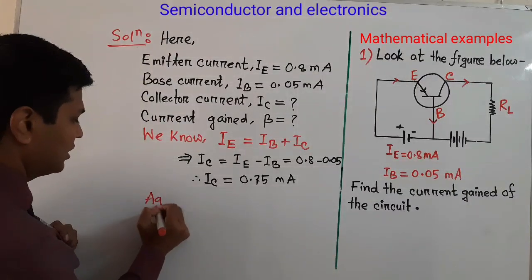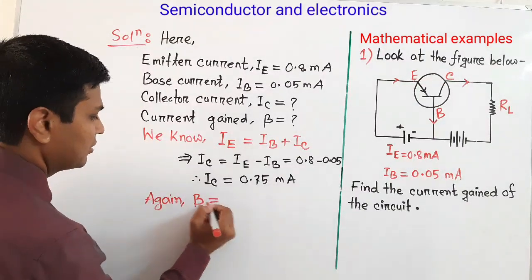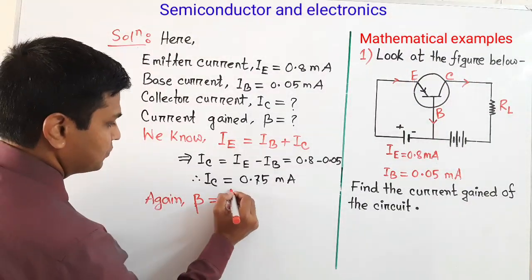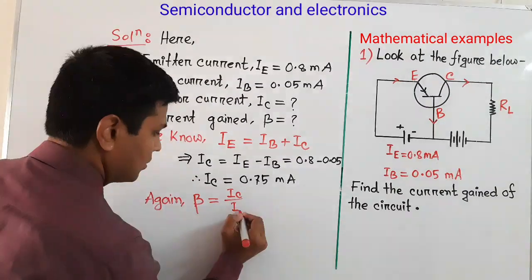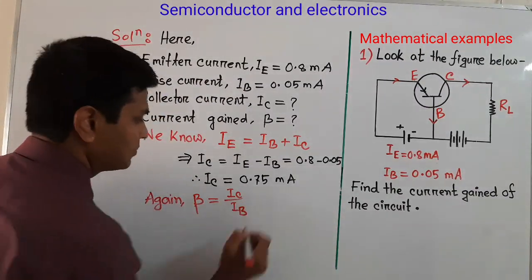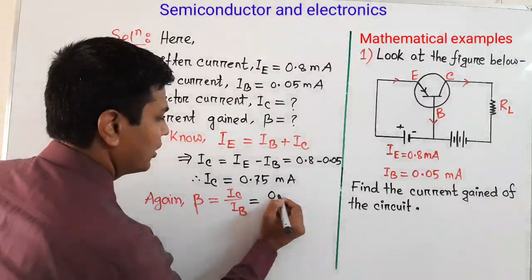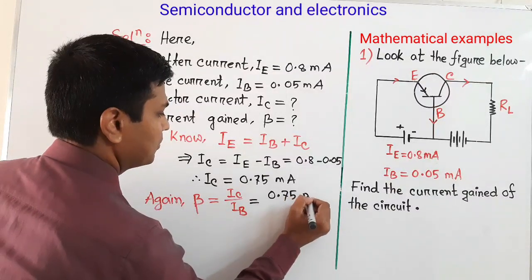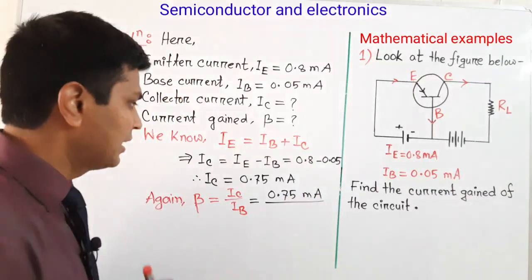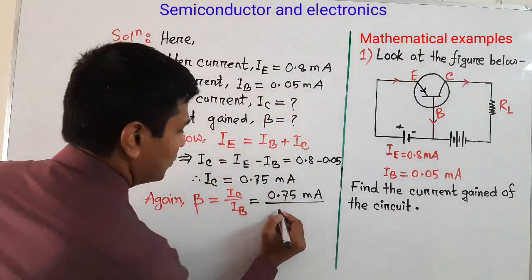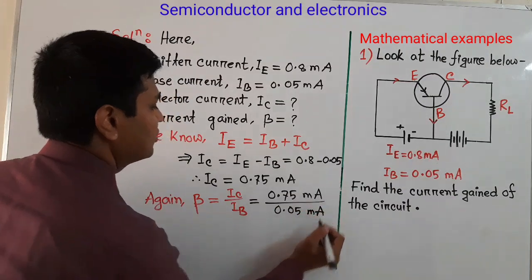Now you can calculate the current gain. So we can write here again, current gain beta equals IC divided by IB, and here the value of IC is 0.75 milliampere, and IB, the base current, is given as 0.05 milliampere.